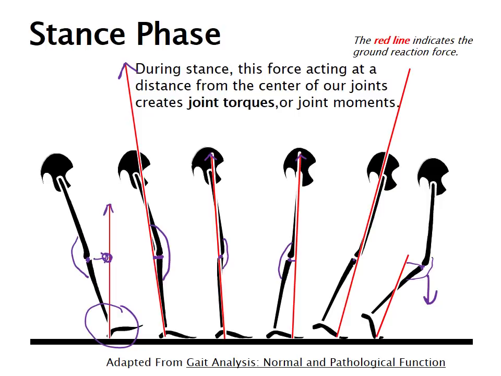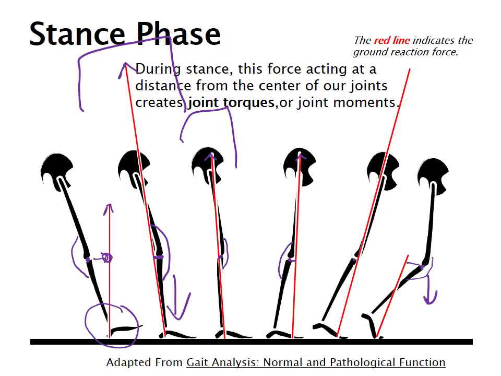If we don't use our quads here, we fall to the ground. Here, if we don't use our quads, we probably fall to the ground, although the moment is very small there.